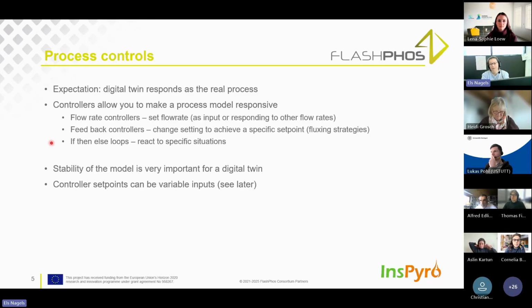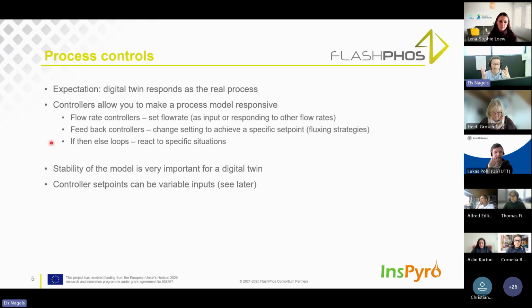And the last type of controller that's interesting is an if-then-else loop. That is when you want your system to react to a specific situation. So for example, the temperature in a vessel depends on multiple aspects. You have a burner that gives energy, you have a specific feed rate, you have a specific discharge rate, the temperature from the surroundings might change, the heat losses might change.